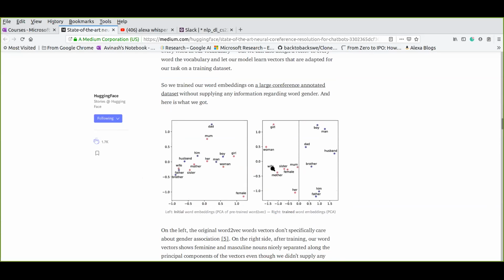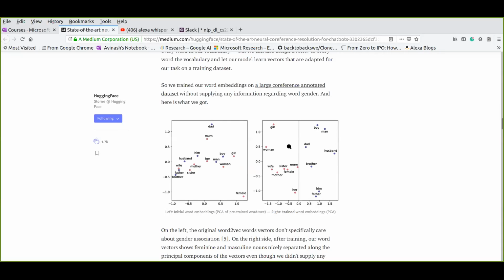We have seen in the slides that there are some sort of embeddings for the purpose of coreference. On the left here is a normal word2vec word embedding. As we can see, there is not much distinction based on gender. We have wife, husband, father, brother, all mixed together. On the right we see trained embeddings, generated from a model trained on coreference annotated data.